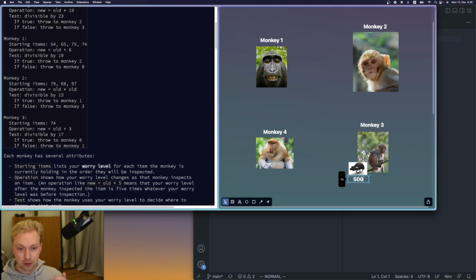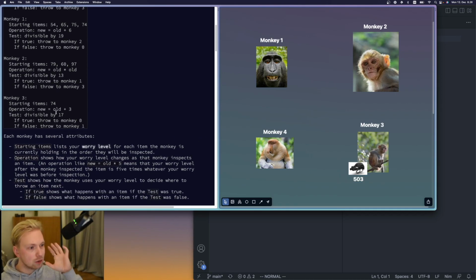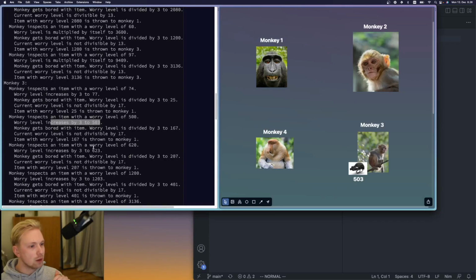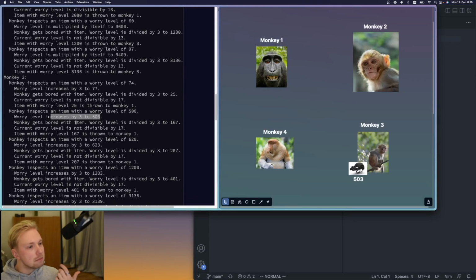So now this is 503. And is it divisible by 17? Okay, so here we are. Monkey gets bored. Now it's again divided by 3 to the closest integer, which is 167. And then from that, is it divisible by 17 or not? No, which means that it's given to monkey 1.